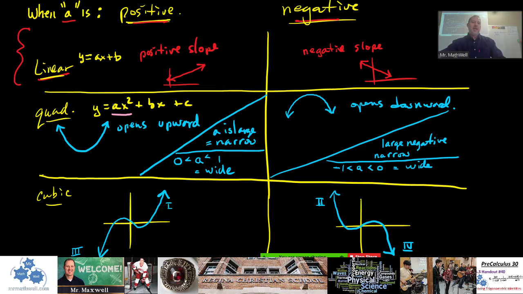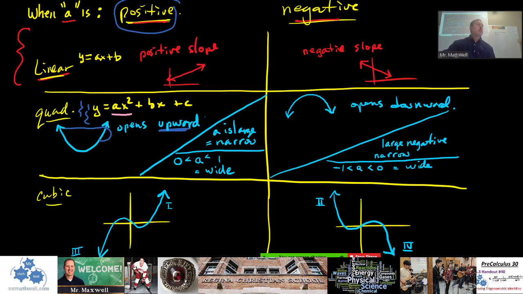What happens, how does a affect the quadratic? Well, if a is positive, then the parabola opens upward and looks like a cup, an up cup. Okay, here's the cup of tea.